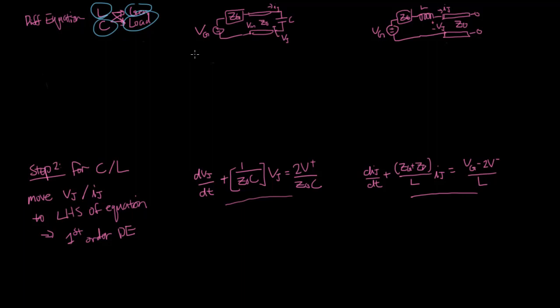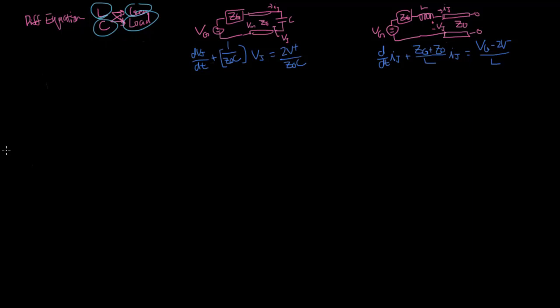So for the capacitor circuit, we have dVj dt plus 1 over Z naught C Vj is going to be equal to 2V plus over Z naught C. And then for the inductor, we have d by dt ij plus Cg plus Z naught all over L of ij is going to be equal to Vg minus 2V minus over L. And with that, I'll erase what's on the bottom.